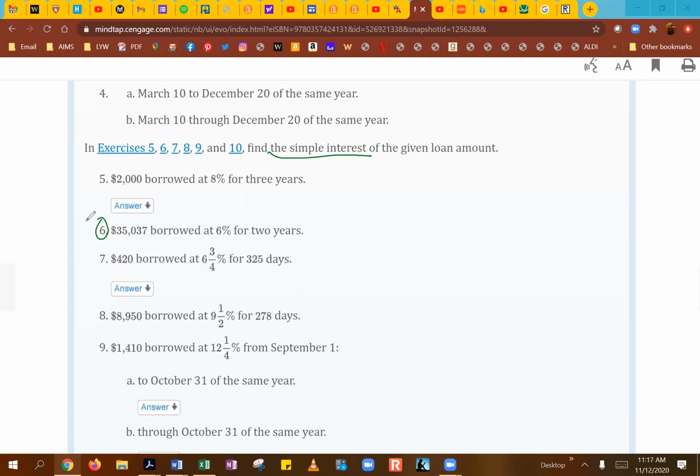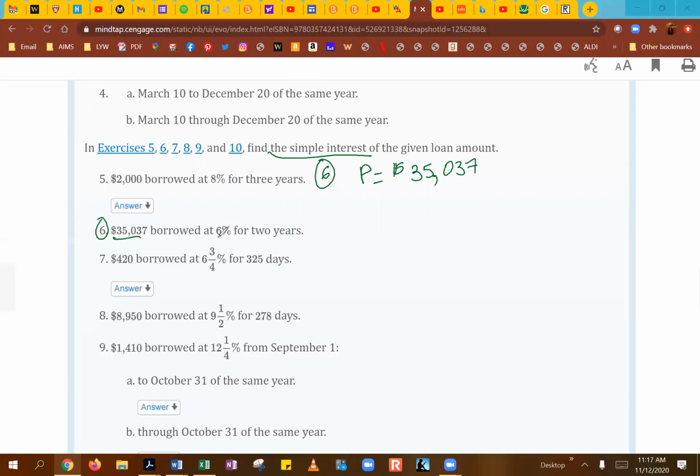They're telling us we are borrowing $35,037 at 6% for 2 years. So for number 6, we are borrowing, so that's our principal, of $35,037.